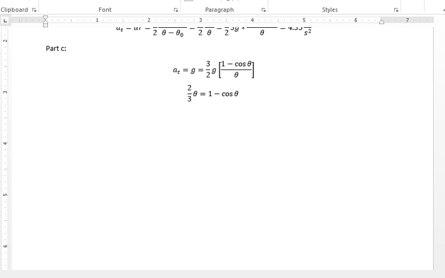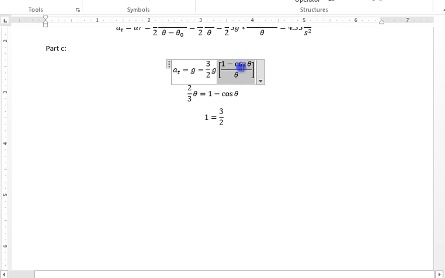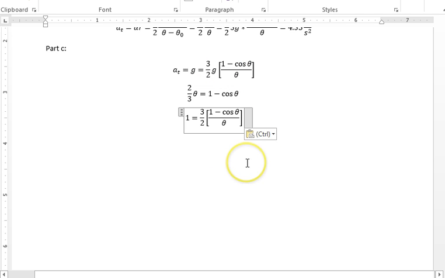Not that you guys really knew, but the video probably skipped a bit. Here's where we are. We have 1 equals 3/2 of this, 1 minus cosine theta over theta, and we're trying to solve for theta.